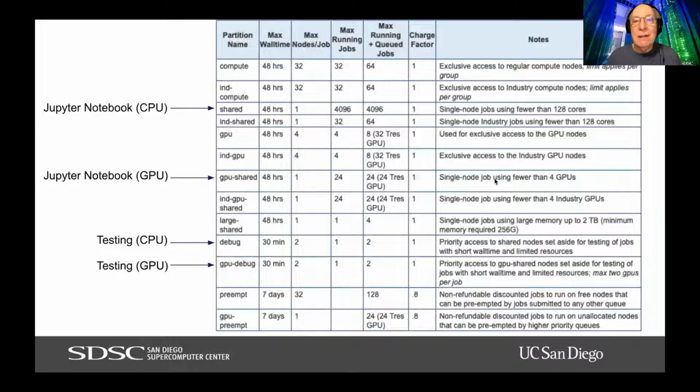Again, that's on a single node with fewer than 4 GPUs. Now, if you want to do some quick testing to see if things actually work and not do production runs, you can use, for example, the debug queue for very small jobs to try something out. There's a maximum wall time of 30 minutes. And if you want to test out some GPU code, you can do that on the GPU debug partition, which again only runs for 30 minutes.